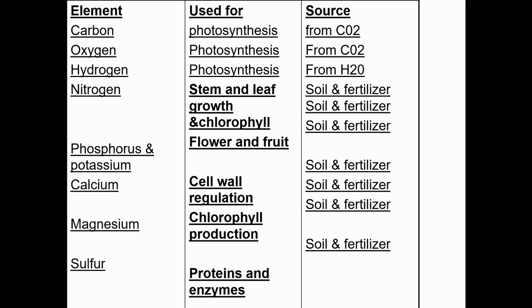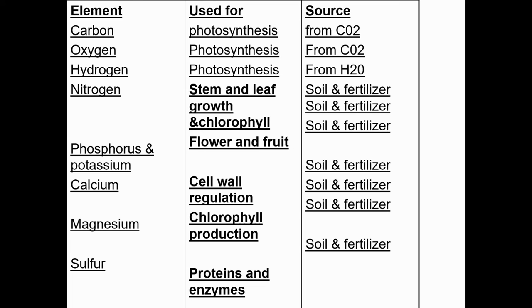So having a green plant. And nitrogen comes from decayed organic material, right? The nitrogen cycle is really important. And you are either going to be getting it from the soil or you're going to be getting it from some kind of fertilizer.